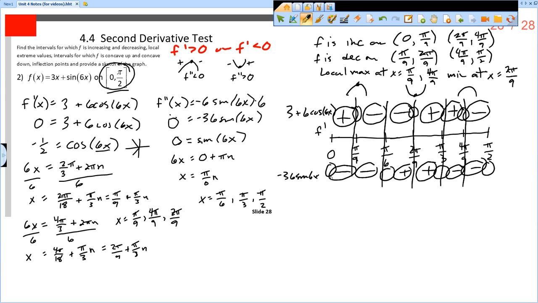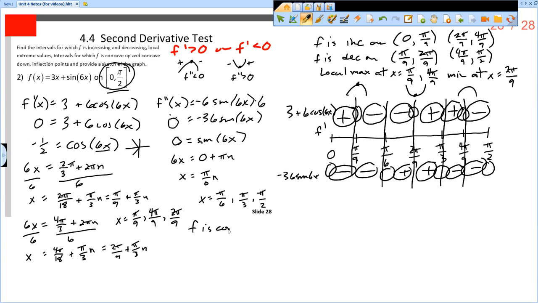And so now we know when f prime is positive and negative, and so now we can answer concave up, concave down. So we know concave up is when f prime is positive, sorry, f double prime is positive.